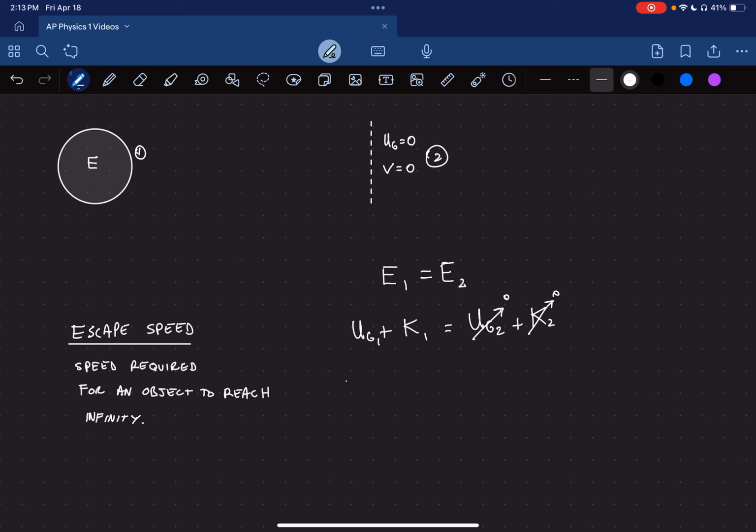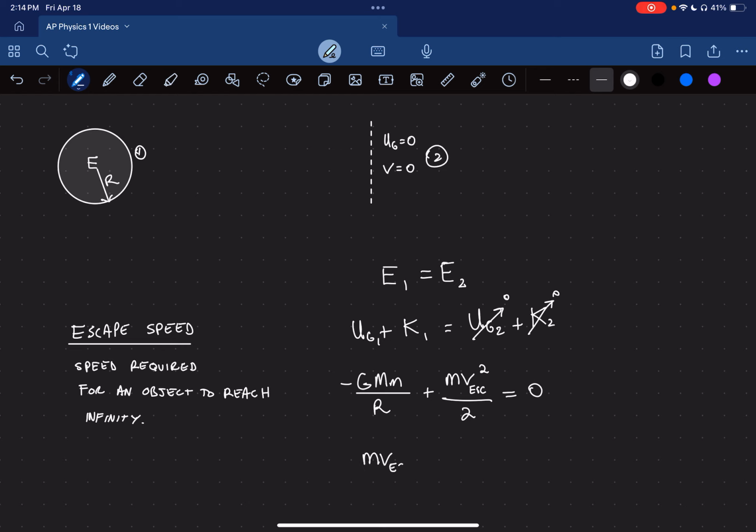So this would be negative G M m over R, where R is the radius of the Earth, plus m V escape squared over 2 equals 0, because V escape is what we're trying to figure out. I'll set these two terms equal to each other. In other words, I'll add the GMm to the other side.